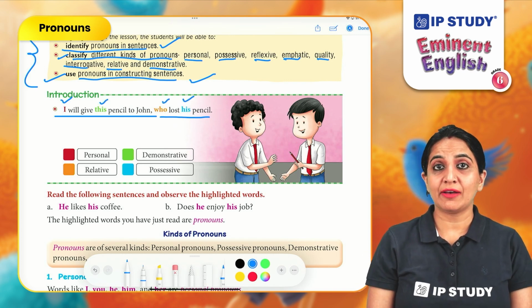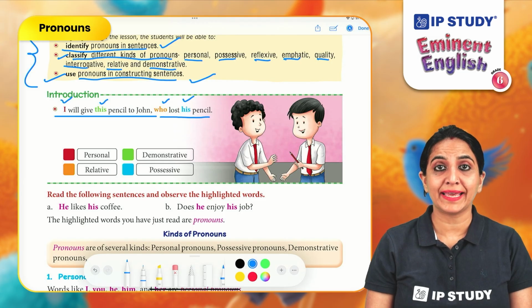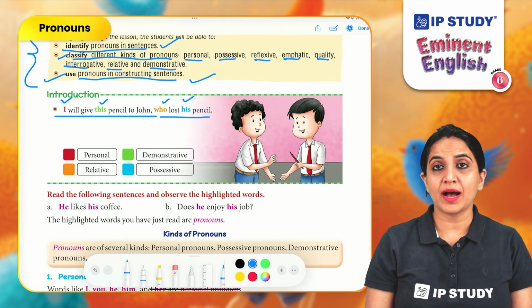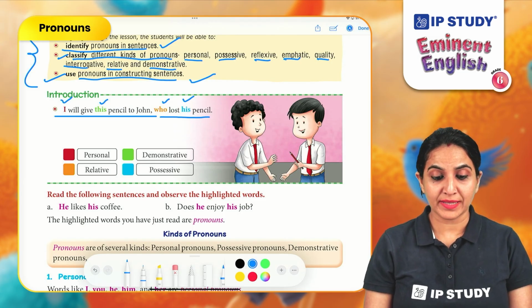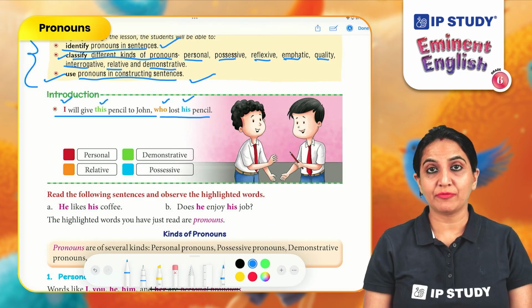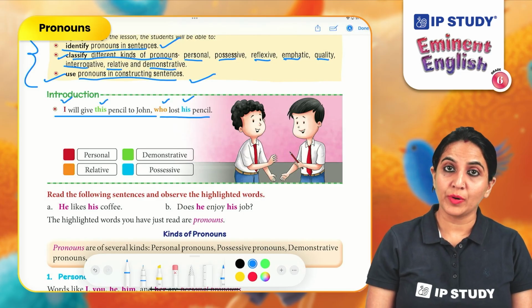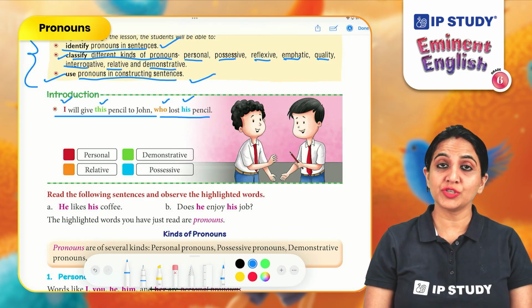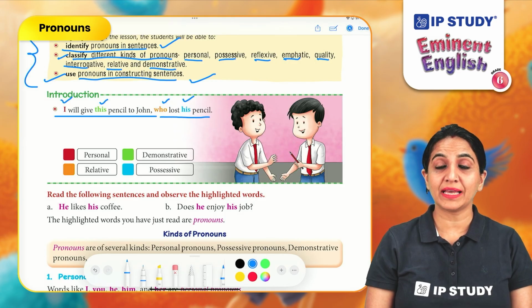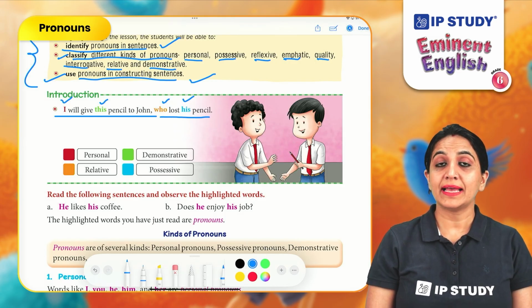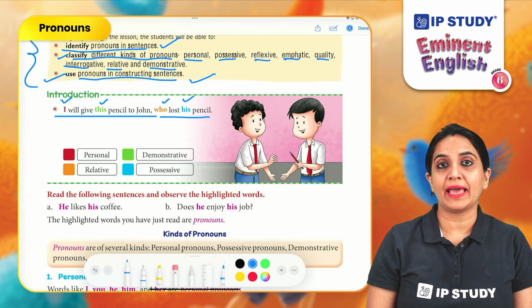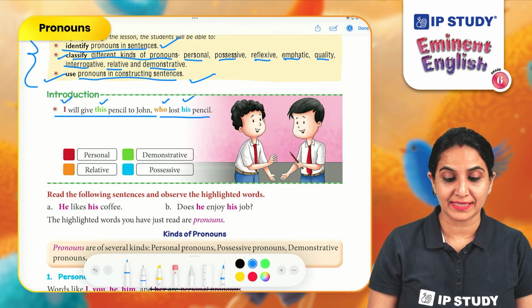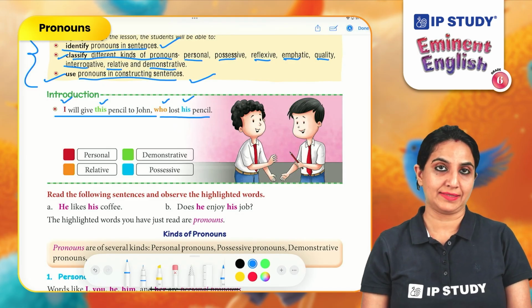These words have helped us to not name who we are talking about, whose pencil, where we have given it, or who has lost it. So, just to make our sentence clearer, instead of using the nouns again, we have used the pronouns such as I, this, who, his.